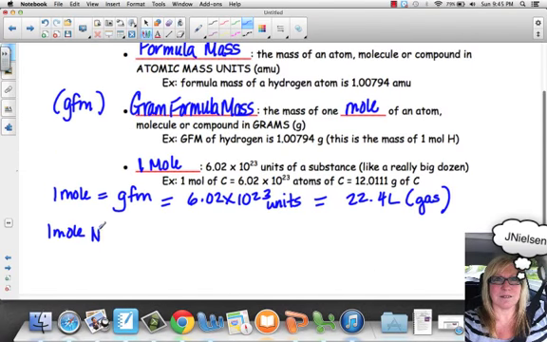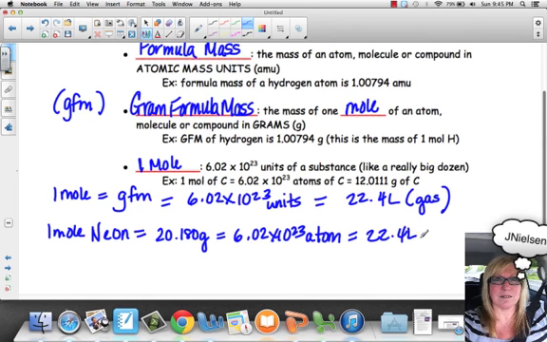Okay, 1 mole of neon equals, we look up neon and we see that it is 20.180 grams. It also equals 6.02 times 10 to the 23rd atoms. And neon is a gas, so it also equals 22.4 liters. These are equivalents.